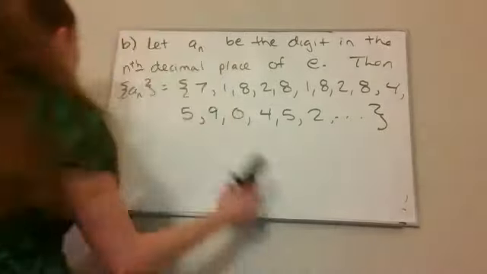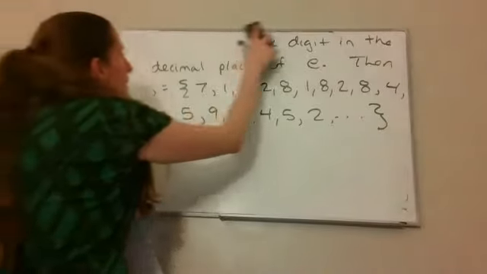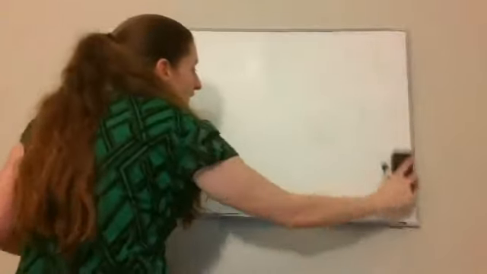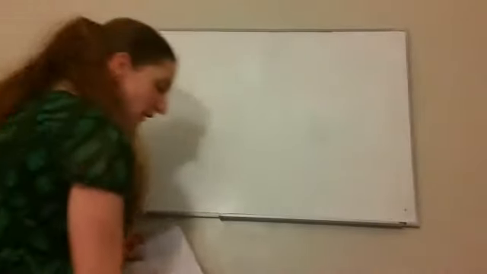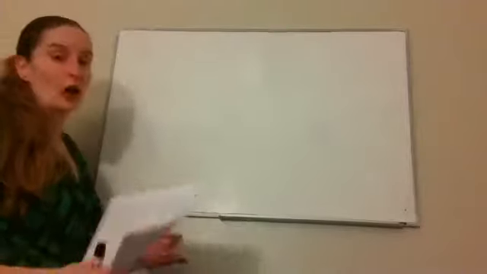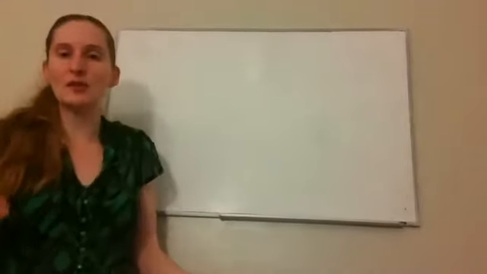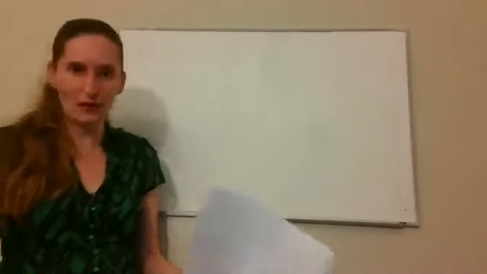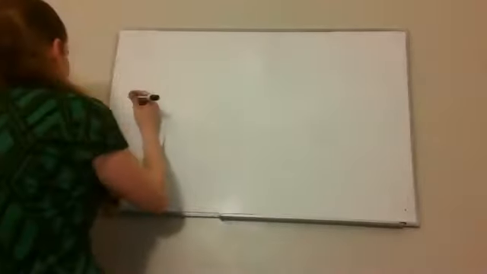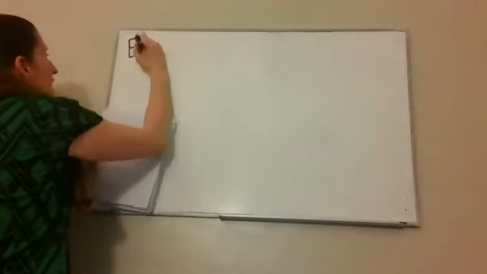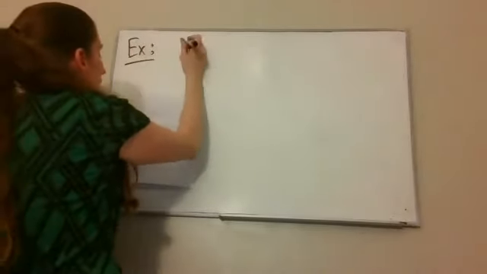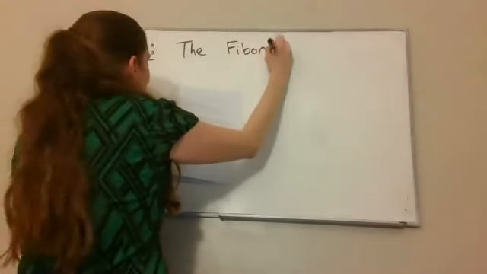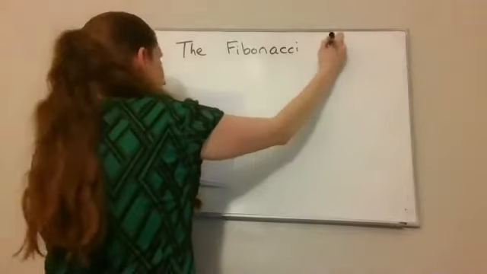So we have sequences with a nice equation defining it. We have sequences that don't have a nice equation. We can also have sequences that are defined recursively, and that just means the terms of the sequence are defined in terms of previous terms of the sequence. So what do I mean by that? Well, one very famous sequence is called the Fibonacci sequence, named after the mathematician Fibonacci.